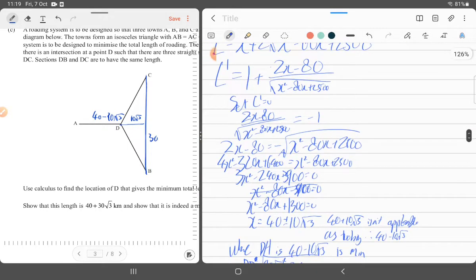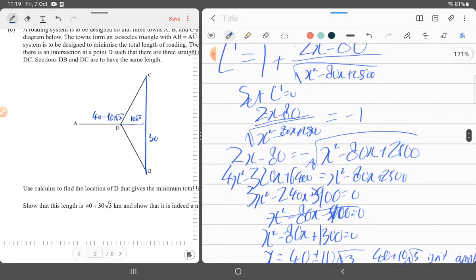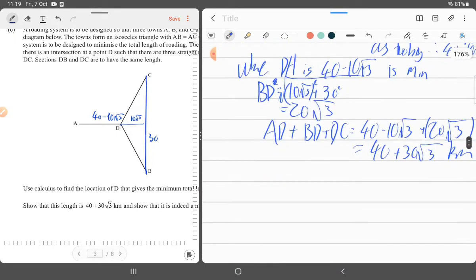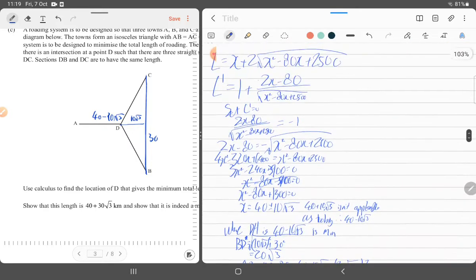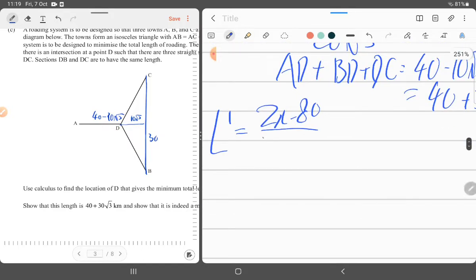Actually, I need to show that this indeed is a minimum. So I need to... L dash is equal to 2x take away 80 over square root of x squared take away 80x plus 2,500.